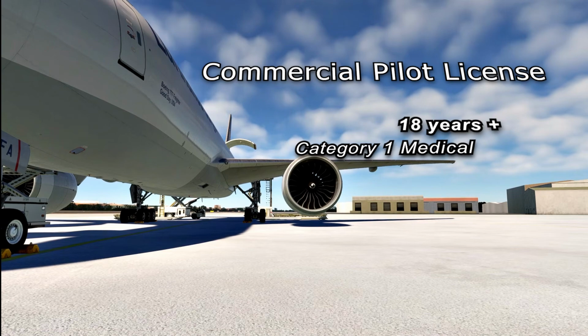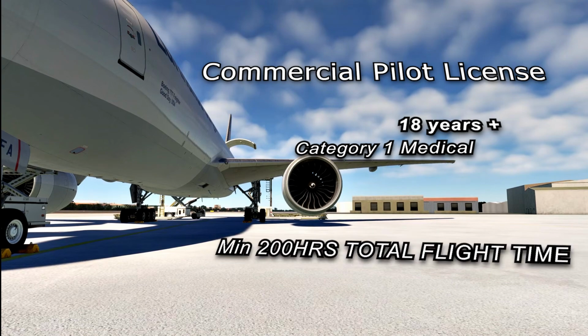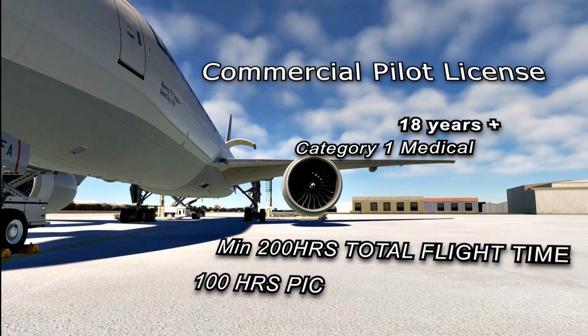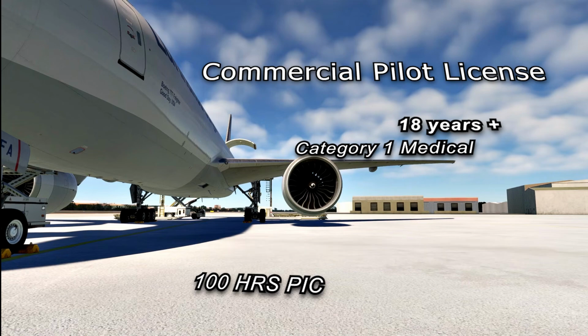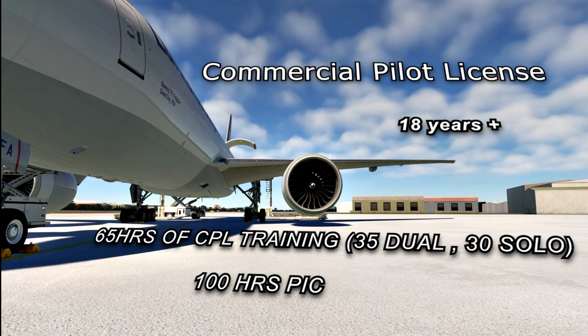The flight time requirement for a commercial pilot license is a minimum of 200 total time. Within these 200 hours are 100 hours of pilot in command, and 65 hours of commercial pilot training, which consists of 35 hours dual with your instructor and 30 hours solo.